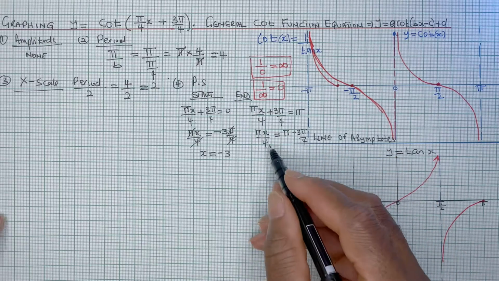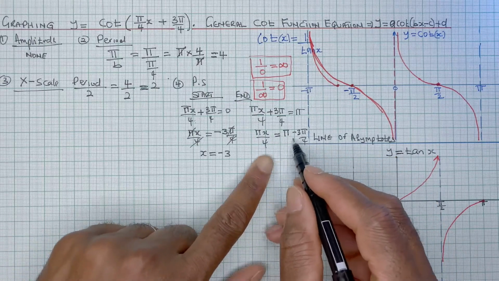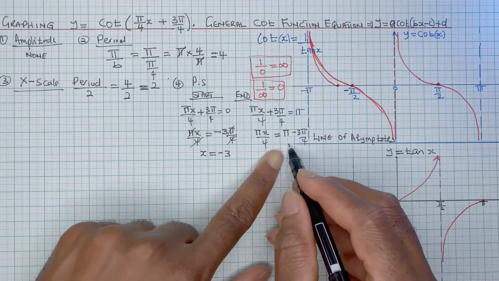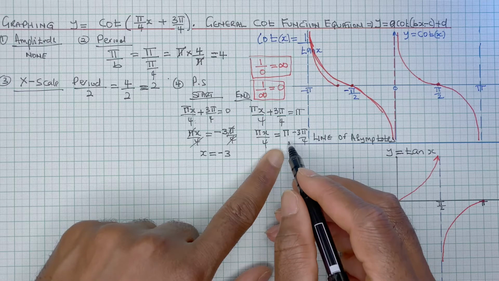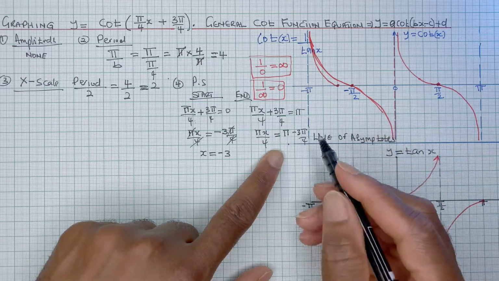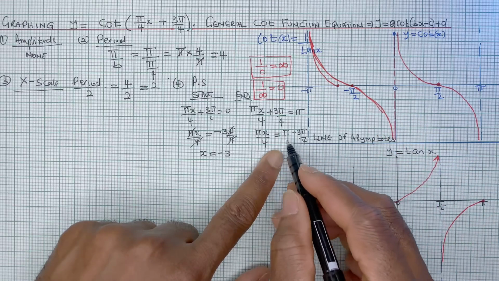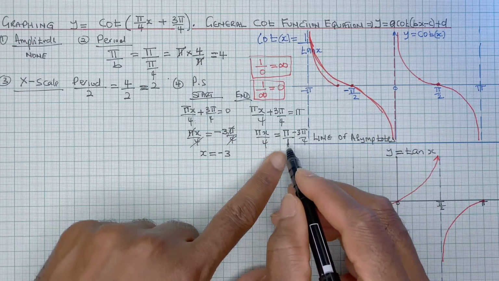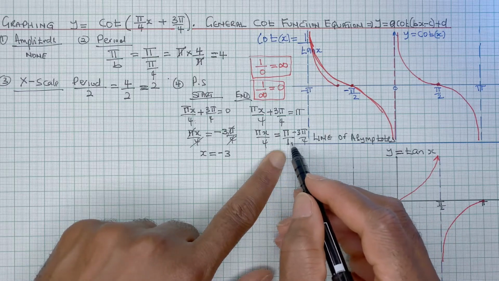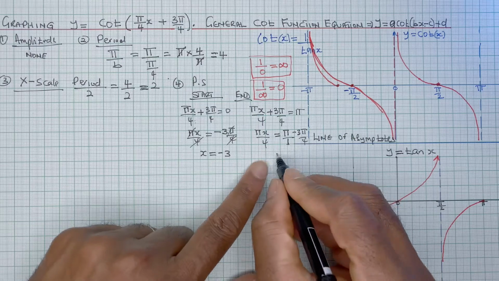If we make them the same denominator, that's pi over 1, so that'll be 4 pi over 4, right? 4 pi over 4 minus 3 pi over 4 is going to be pi over 4. So you've got pi x over 4 equals pi over 4.